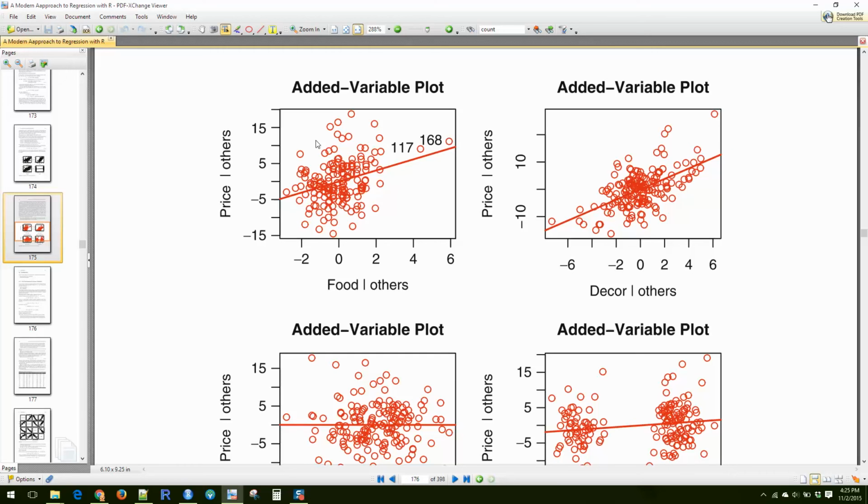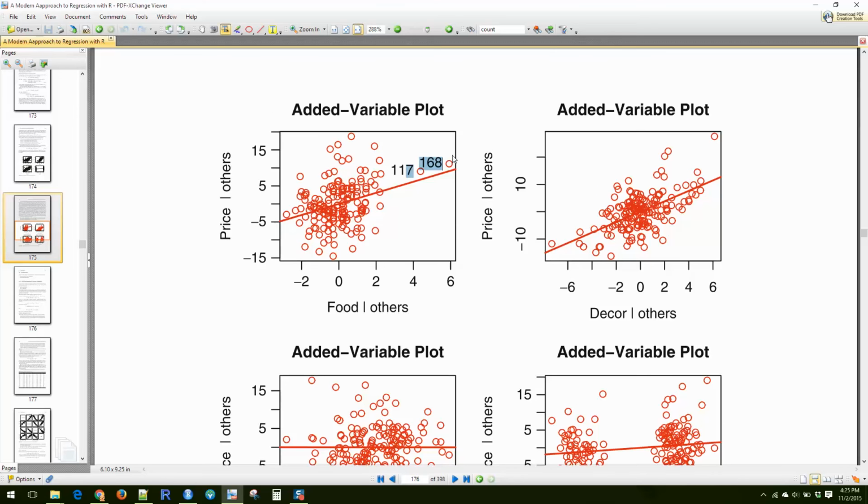Over here when we produce this plot, apparently these are high leverage points that might be something to investigate, because this might have a strong influence on this residual line that we're seeing.